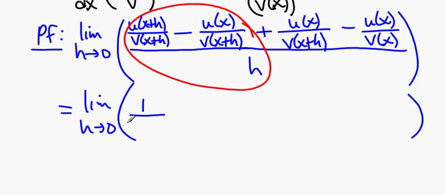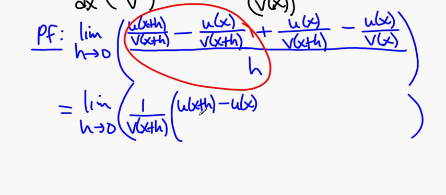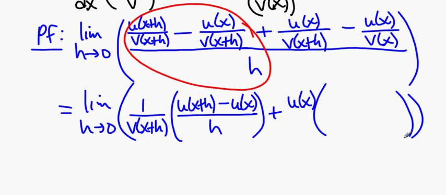We can pull that out. And then what's left is u of x plus h minus u of x over h. And you're saying, I think I might know what that is. And then over here, we have the u of x in common, so we can pull that out.